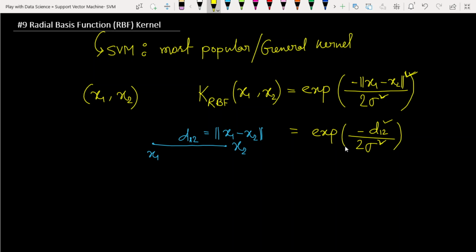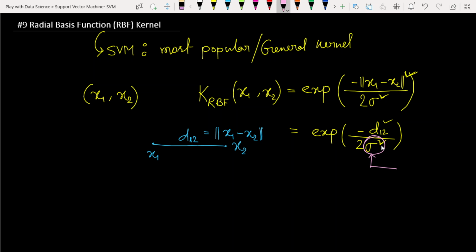Here sigma is our hyperparameter. If you remember soft margin SVM, there we use one parameter C. If we take the soft margin SVM with the RBF kernel, then we consider two hyperparameters, C as well as sigma.